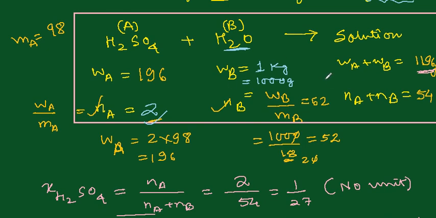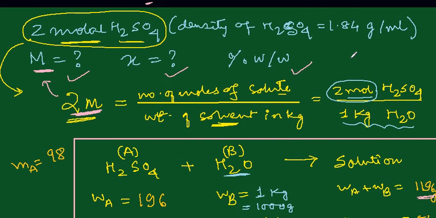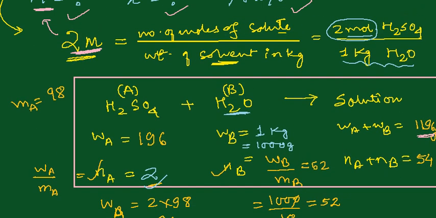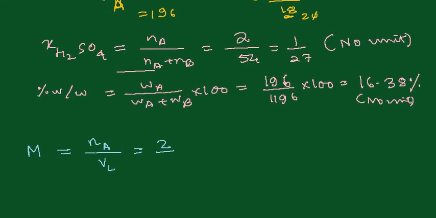So if you don't see the volume, you can see that we have another piece of information provided in the problem, the density of sulfuric acid, which is 1.84 gram per ml.